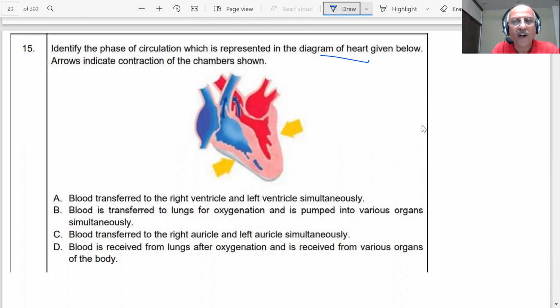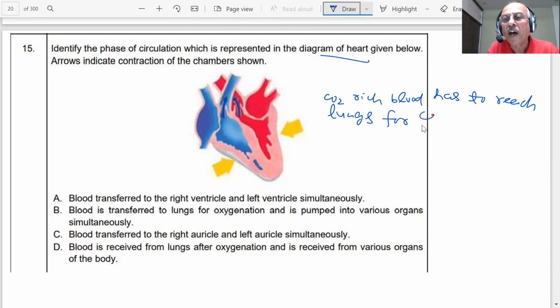The carbon dioxide rich blood has to reach the lungs, student, for the carbon dioxide to be removed.